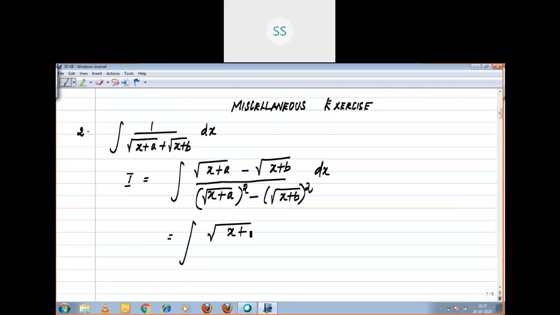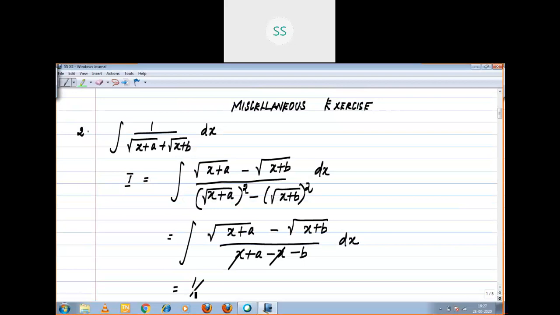integral root of x plus a minus root of x plus b divided by x plus a minus x minus b into dx. Cancel.